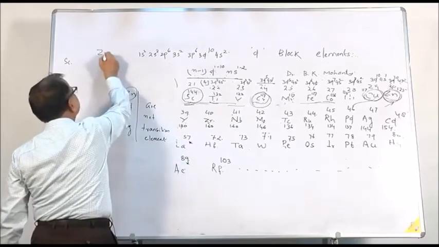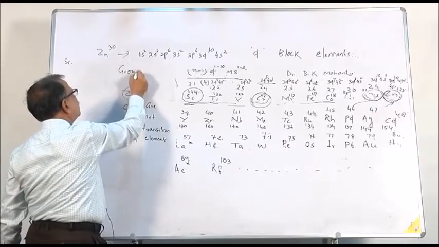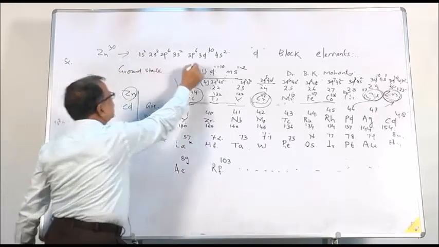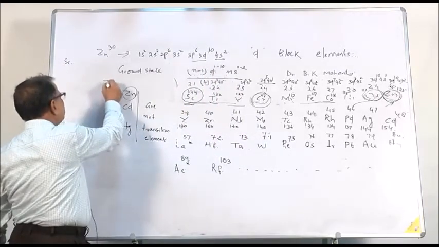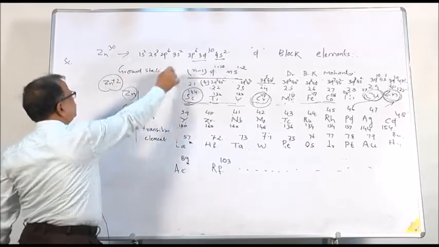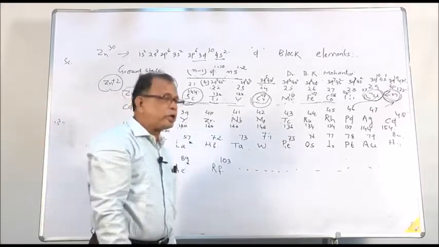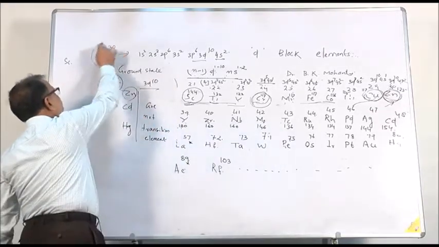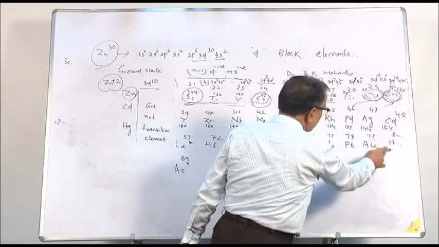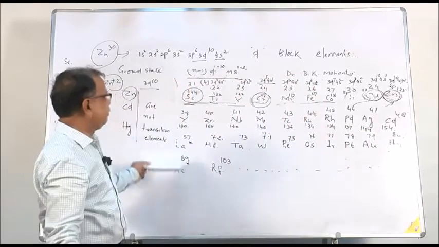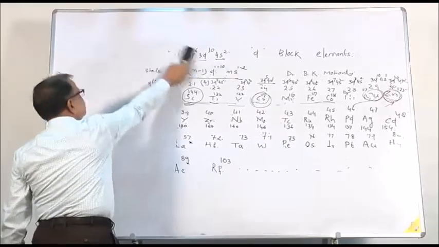In the ground state, every orbital is filled. Zinc has only the zero oxidation state and the plus 2 state, with 3d10, so it does not contain any unpaired electron in the d subshell. Hence zinc is not a transition element. By the same method we can explain why cadmium and mercury are not transition elements, whereas the other elements, scandium to copper, are called transition elements.